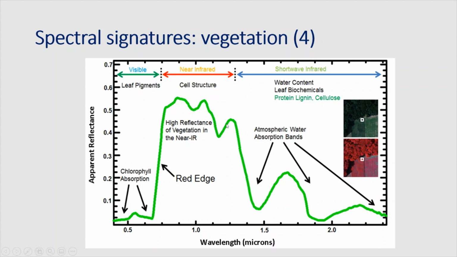Then the reflection is decreasing in the mid infrared, and this decrease of the reflection is essentially due to the absorption bands due to the water content. So take in mind that this is the very typical spectral signature of generic vegetation.